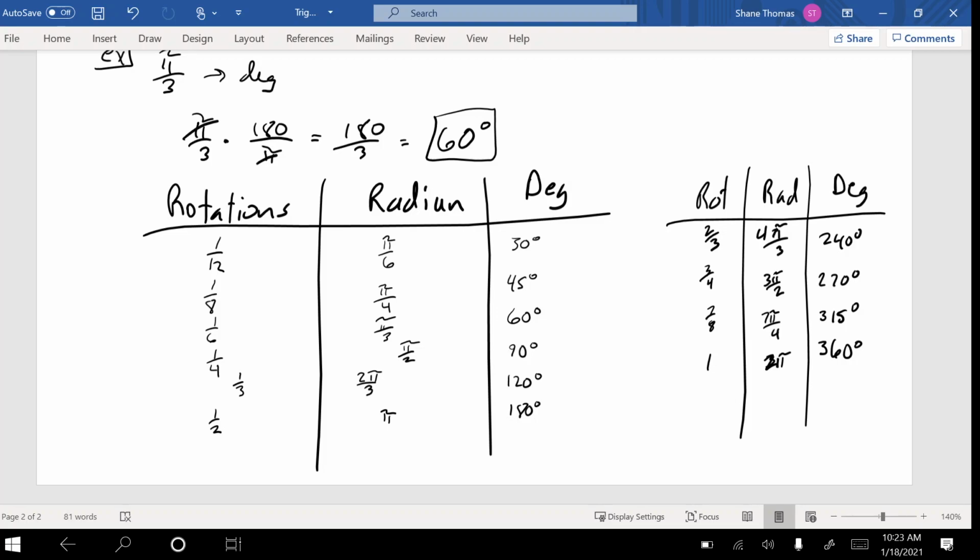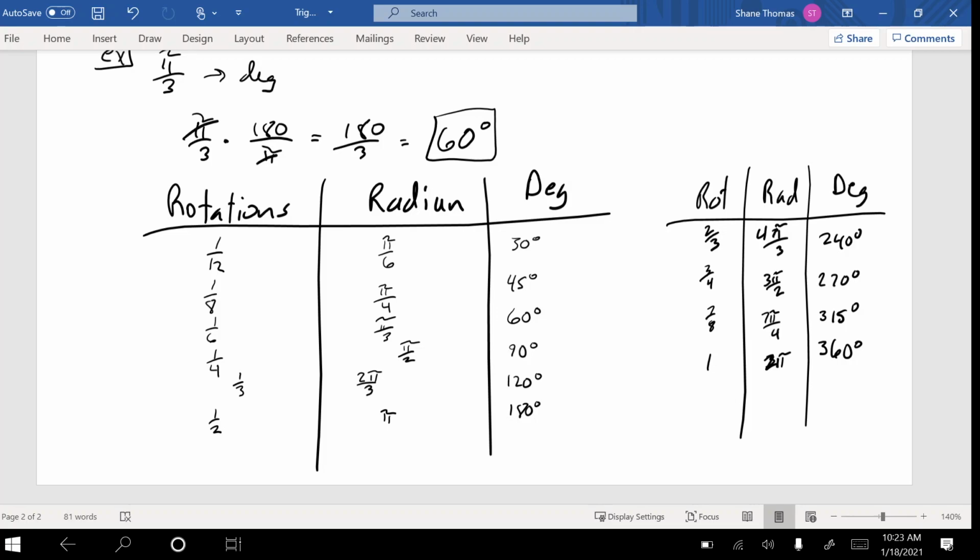Everything that's a multiple of 45 is over 4, 90 over 4, and so on. So you'll see that they pair up. Usually 45 degrees is over 4, 60 degrees is over 3, 30 degrees is over 6, and so on.